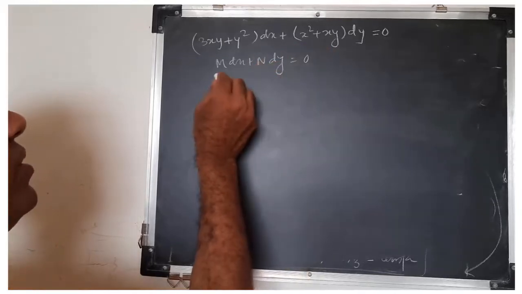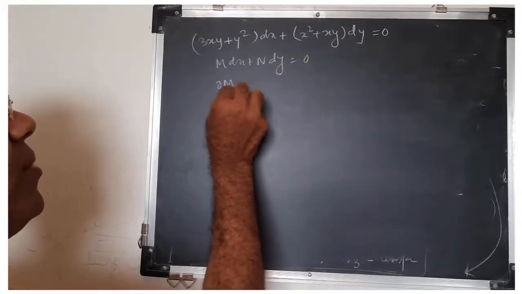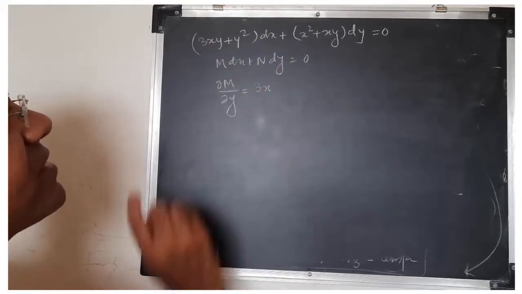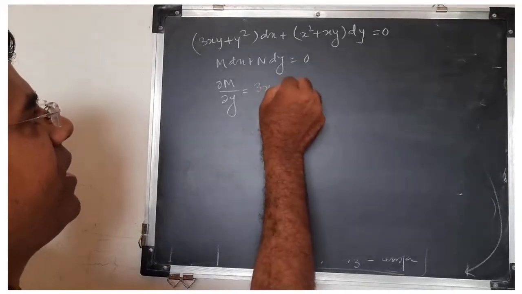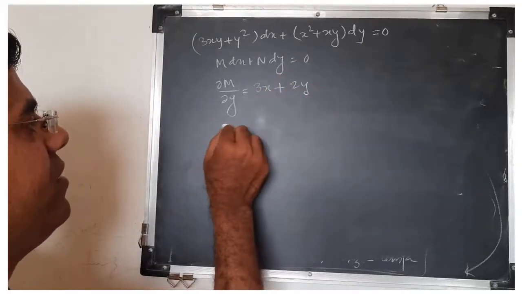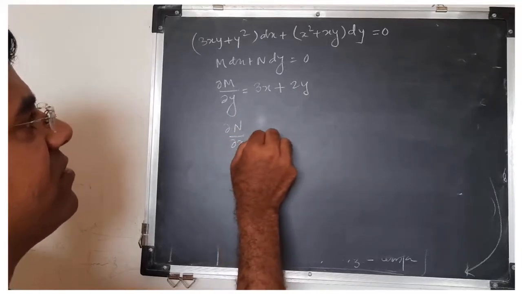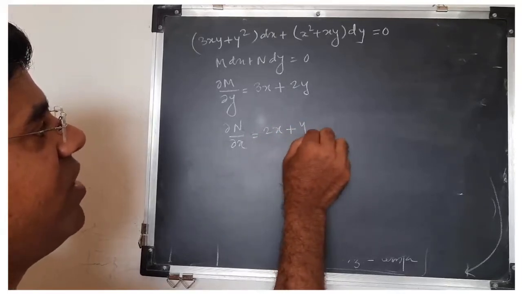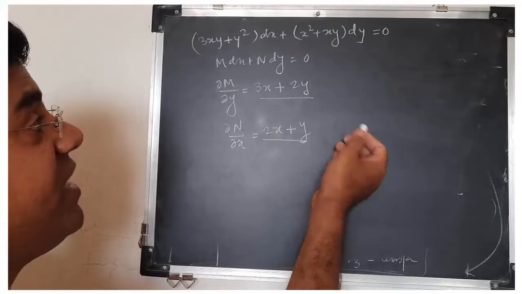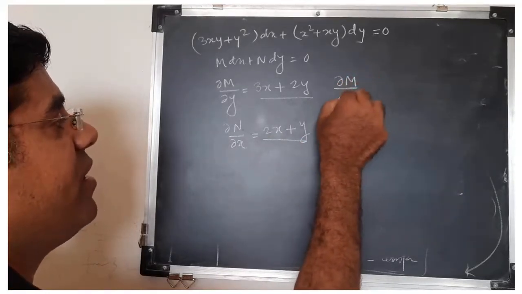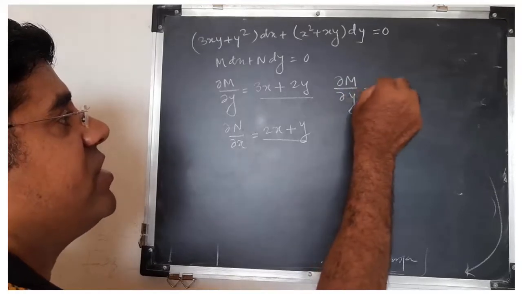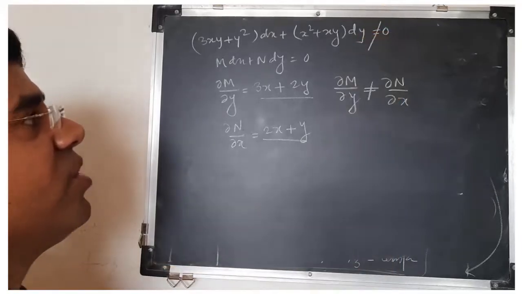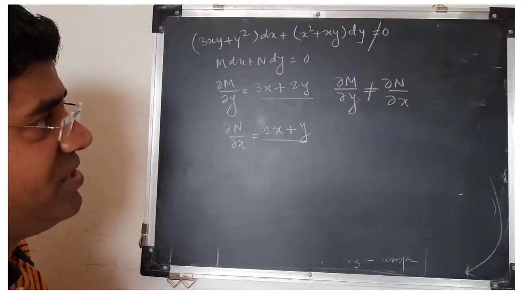So ∂M/∂y is 3x plus 2y, and ∂N/∂x is 2x plus y. See here, this and this are not the same. So ∂M/∂y is not equal to ∂N/∂x, which means this is not an exact differential equation.